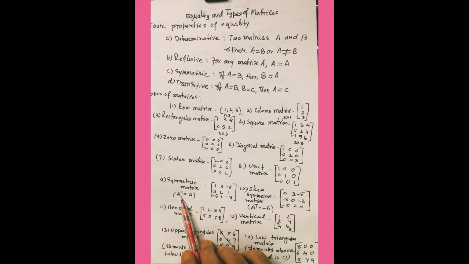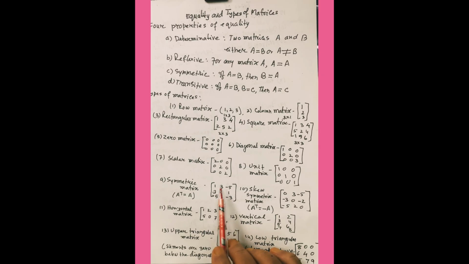The transpose will come later on when we study different operations of matrices. In transposition, columns become rows and rows become columns. So if we transpose it, it becomes the original. Suppose this is the original matrix A. Now if we transpose it, it becomes the original matrix itself.